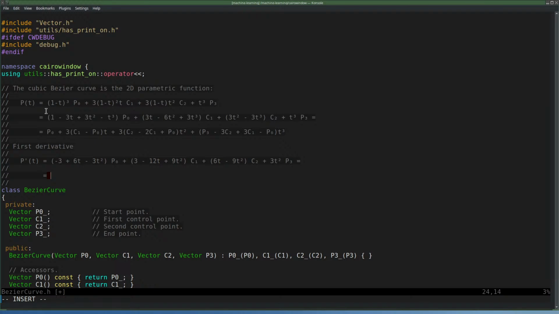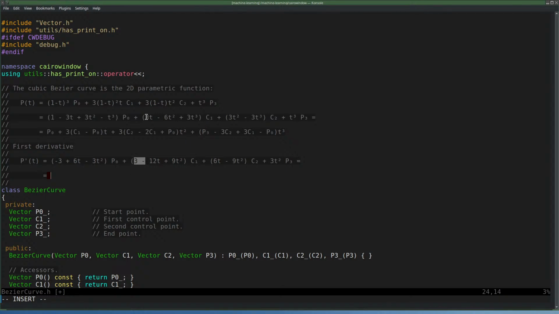This should be a quadratic Bezier curve, obviously, because you lost a t to the power 3. So you can write this again by powers of t. There's a power of t, there's a non-power of t.